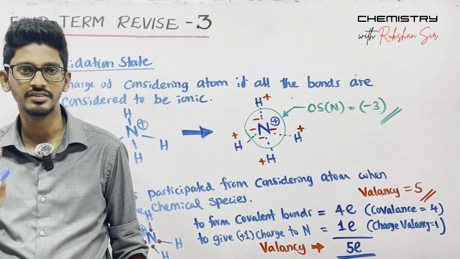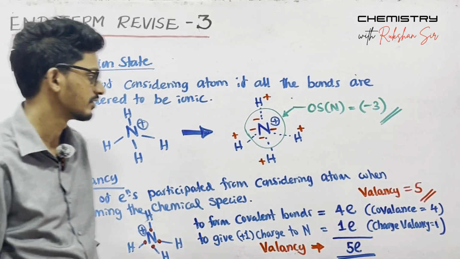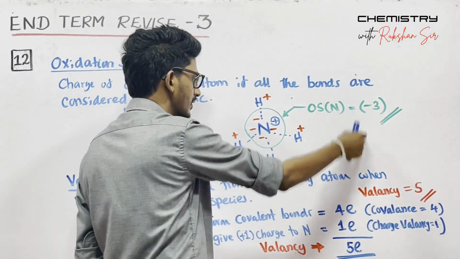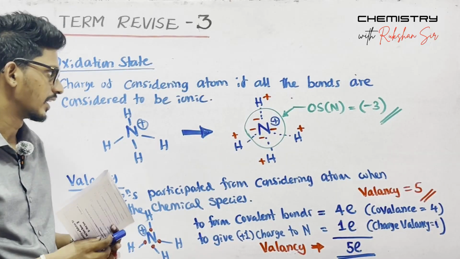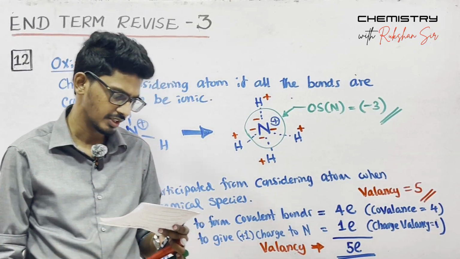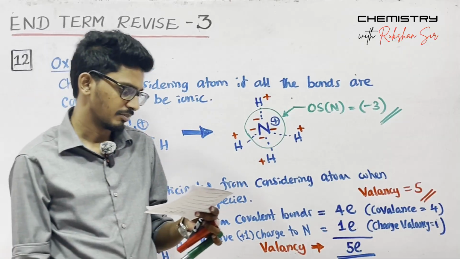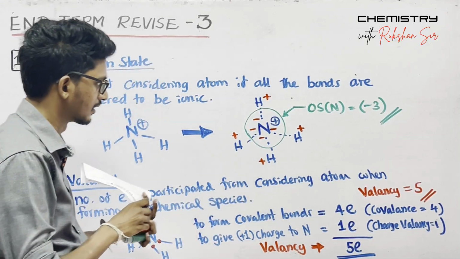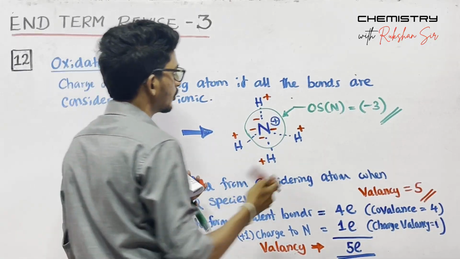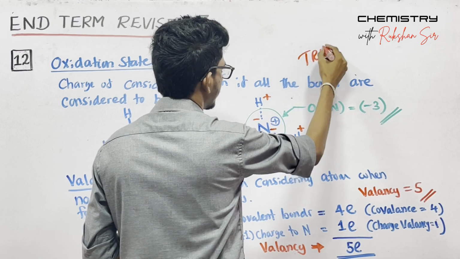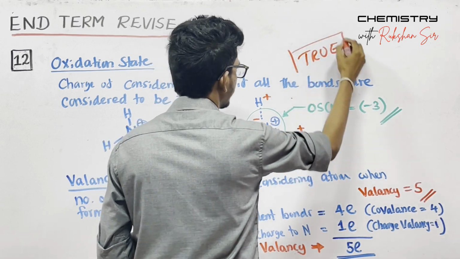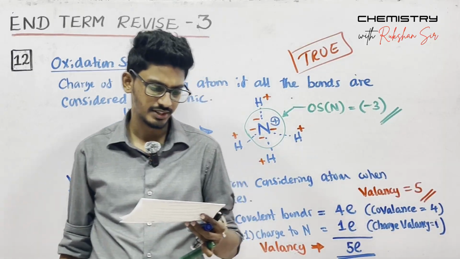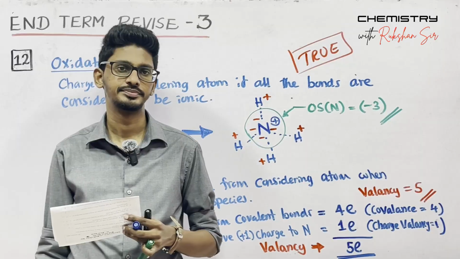You don't have any signs with the valency, but with the oxidation state, definitely you should come up with a sign. So that is the review for statement number 12, and we have to take that as a true statement. That is all about statement 12.